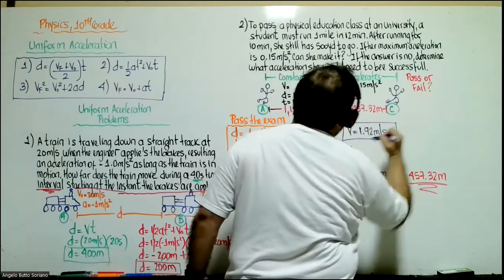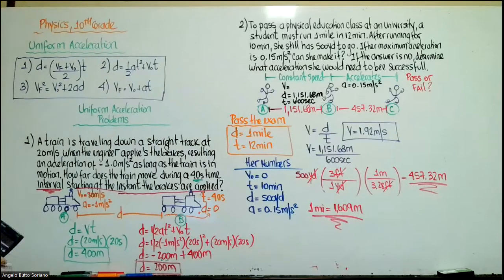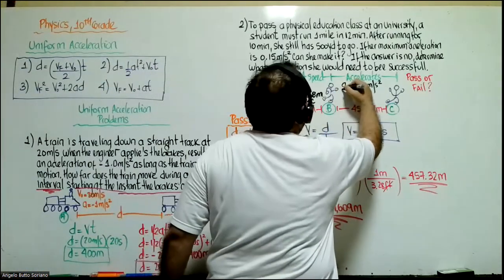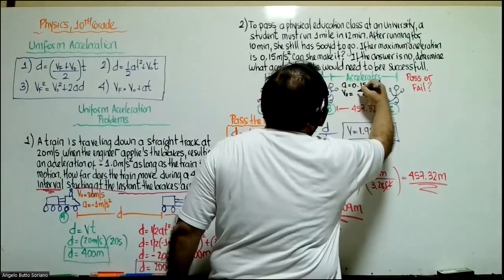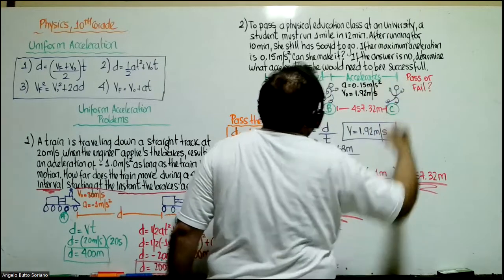This is the velocity between A and B, and because she is accelerating from B to C, the initial velocity for this woman is 1.92 meters per second.